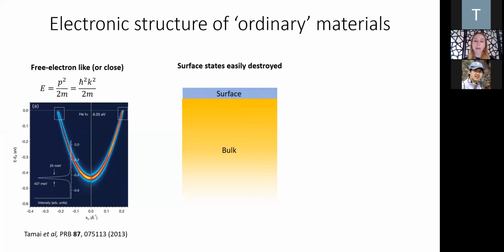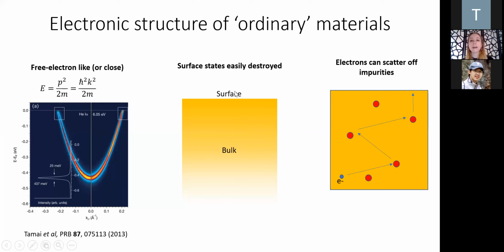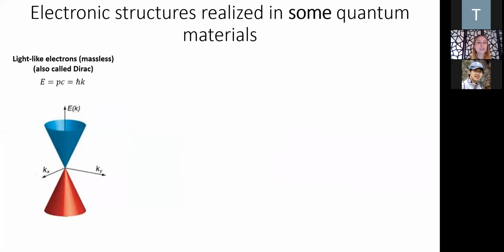And finally, in ordinary materials, electrons typically scatter off all kinds of impurities, and that is what causes finite resistance in most metals. So that is the case for ordinary materials, and this is contrasted with quantum materials. What I'm going to put on this slide is not going to be statements that are true for every quantum material, but these statements hold for some quantum materials, and for many of them, in fact.